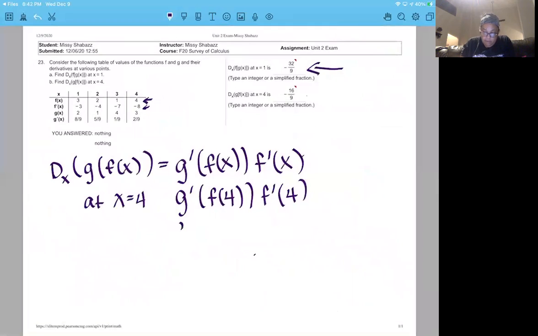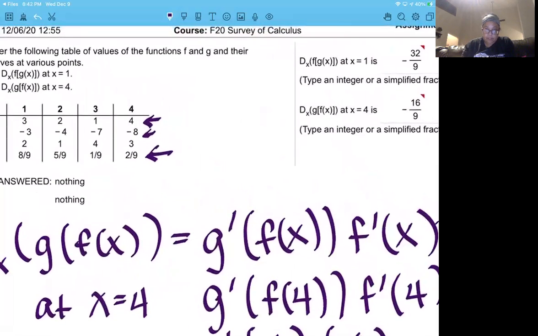So now I have g prime of 4, and f prime of 4 is -8. Now I want g prime of 4, which is 2/9.